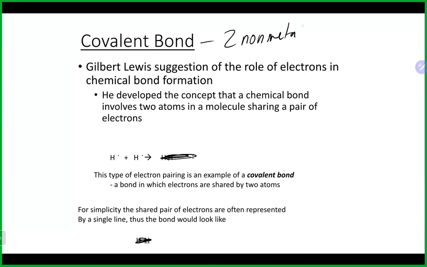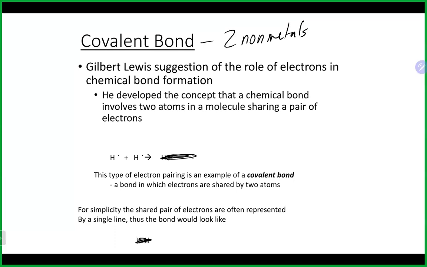So again, recognizing what you're dealing with should help you understand the type of bonding that's happening. It should also help you understand what type of naming you should use. So again, I can't emphasize enough that one of the first things you should always do is try to identify what you're dealing with. Are they two nonmetals? Are they a metal and a nonmetal? It should point you in the right direction.